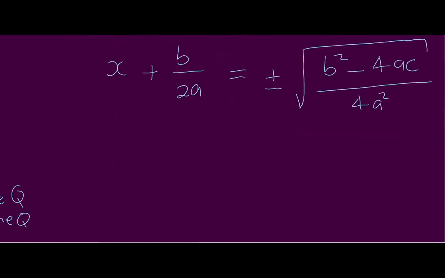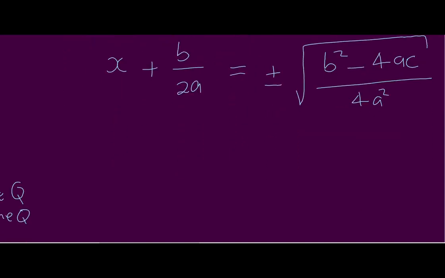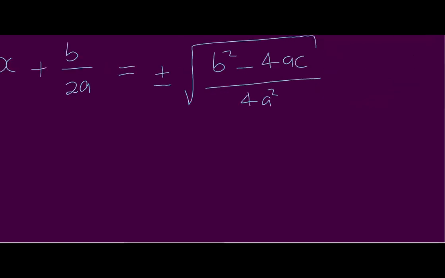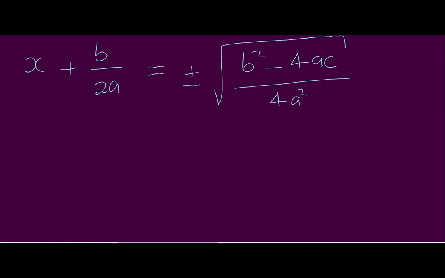So in solving this equation, you must realize that this term can be simplified. I'm going to show you how, because I just saw a 4, and if you take the square root of 4 we have 2, and if you take the square root of a squared we have a, right? Then we're going to simplify this denominator. So we're going to break this whole square root into 2 square roots, from the numerator and the denominator.